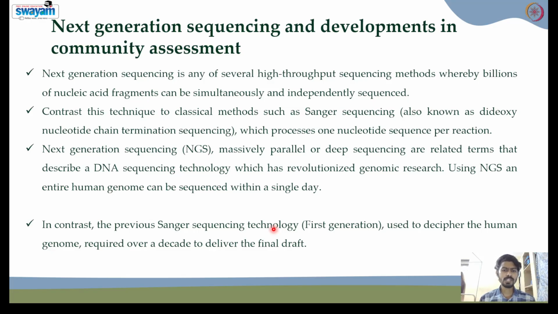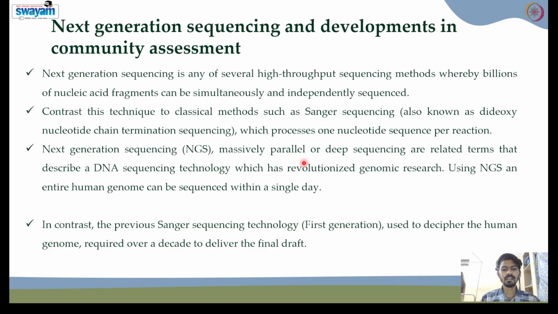In Sanger sequencing, you can sequence about 500 to 1000 base pairs, but it is always time consuming and expensive. But you can relate next gen sequencing to a car or rocket. Here we could get billions of data within a few minutes.